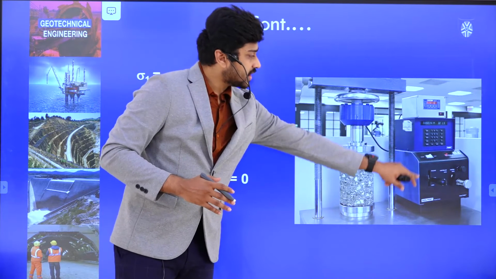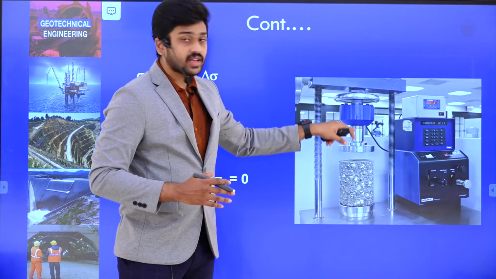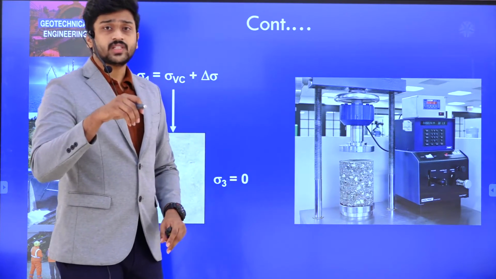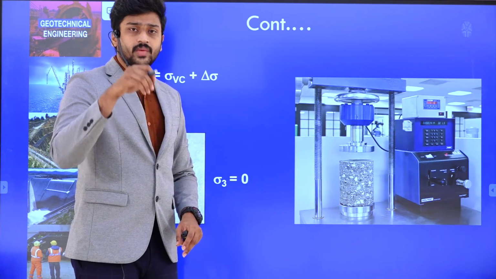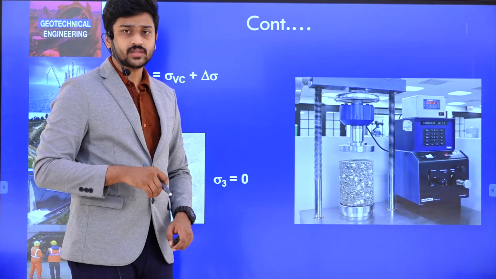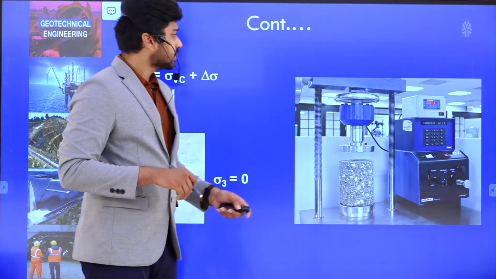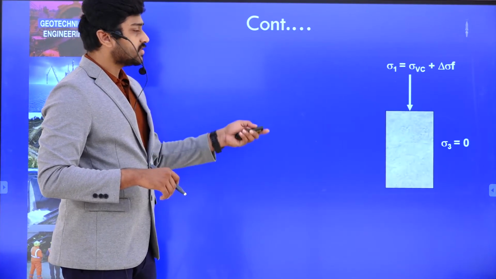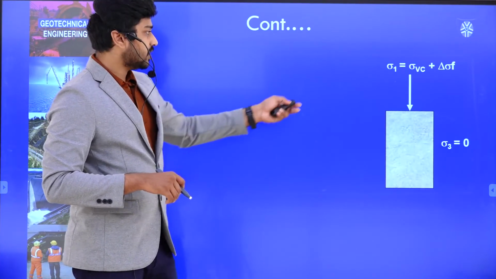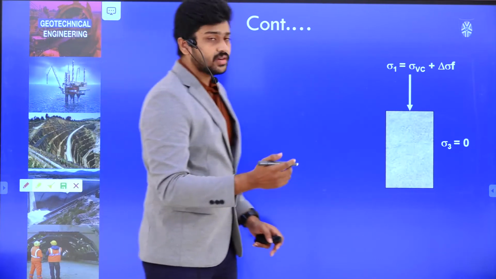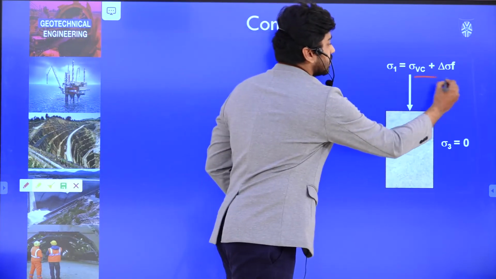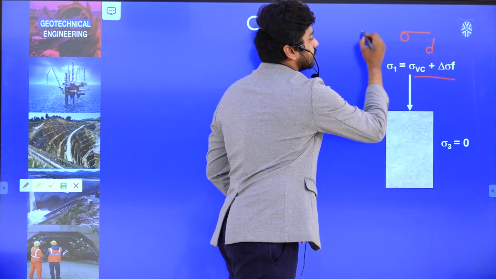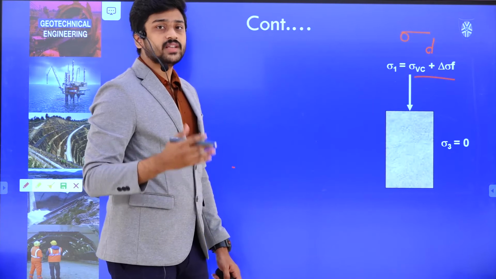So this is the typical arrangement, where the axial load is applied using this setup, where we place a displacement gauge for measuring the vertical displacement. As I have stated, sigma 3 is 0, and sigma 1 has been written in this manner, but I can simply write this as sigma d.